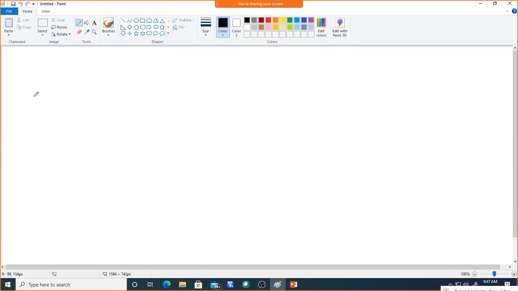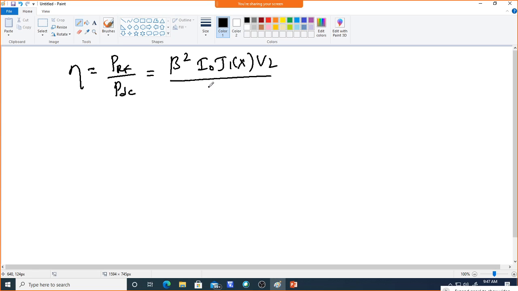And the power efficiency is given by the equation. The power efficiency is the RF power divided by the DC power. You can use this equation, which is beta square I naught J1 of x V2 divided by I naught into V naught. I naught V naught are the DC beam current and DC beam voltage, so they cancel each other, and we calculate beta square J1 of x V2 divided by V naught.